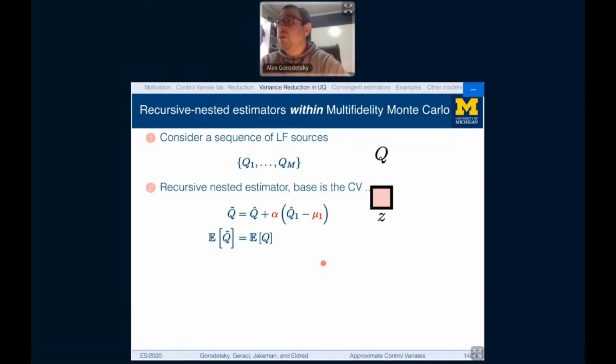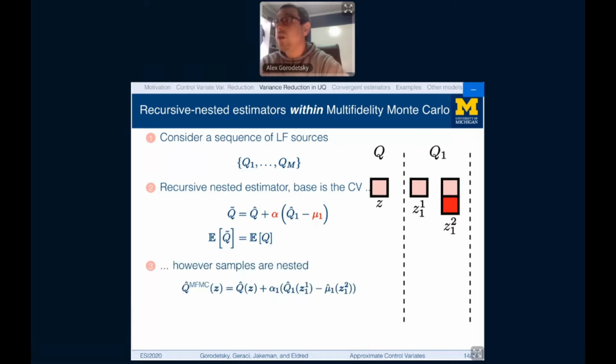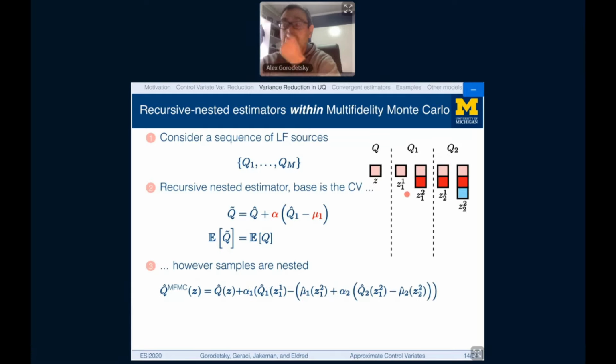Okay, so now we can do the same thing with a different type of recursive nested estimator that's used with multi-fidelity Monte Carlo. Here we start with the control variate with two models. And we're going to say, well, we don't know mu1. So we're going to estimate mu1 with another control variate. This control variate is going to share the samples for Q1 and then introduce another set of samples with the third model.